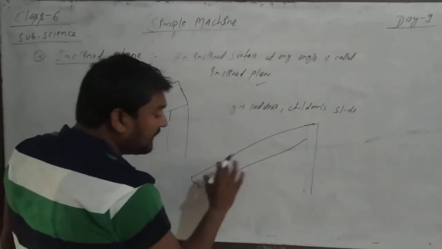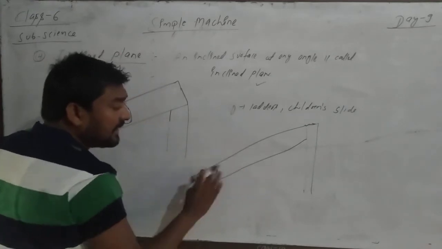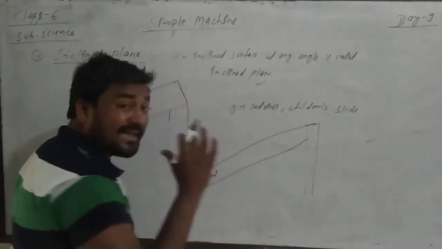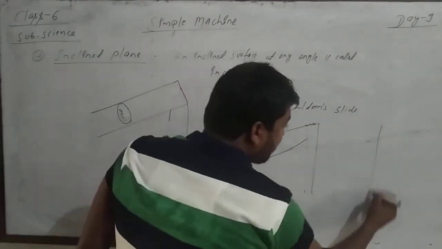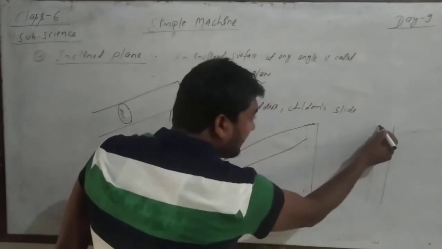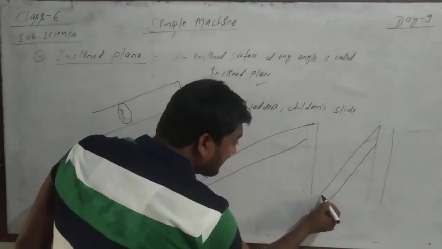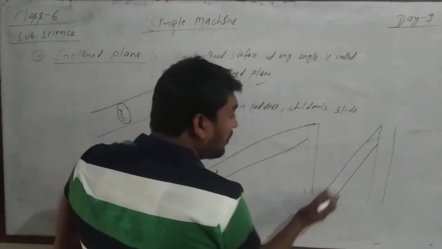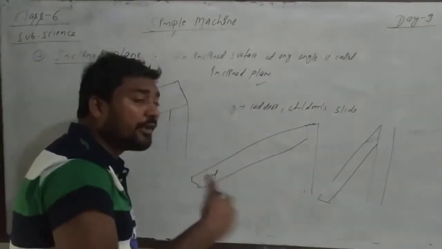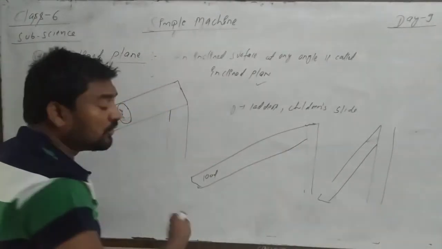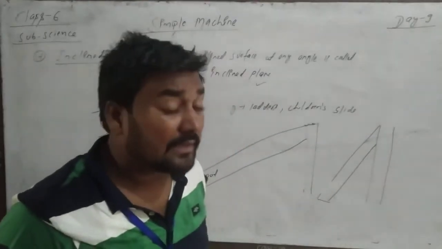Then when we lift the load here, it takes less force, but same height. At the same height, if we make an inclined surface like this, it takes more force. Means to reduce the force, the inclined surface should be longer at the same height.